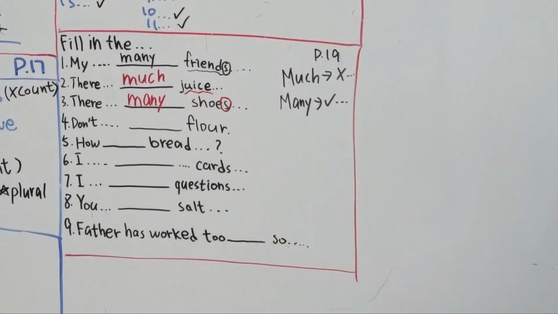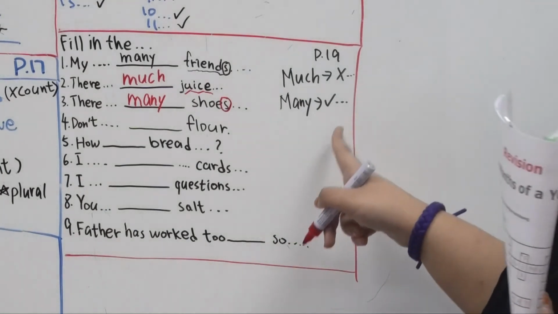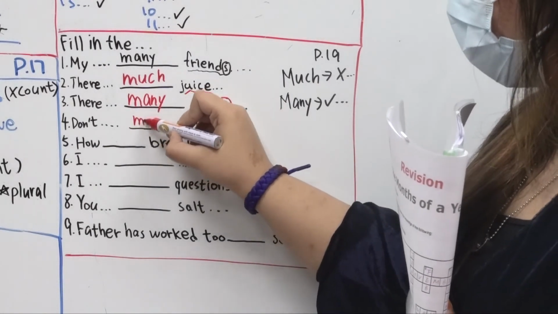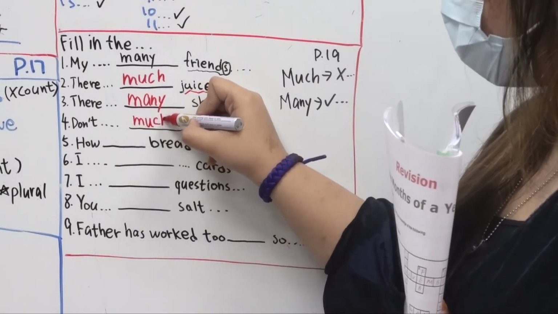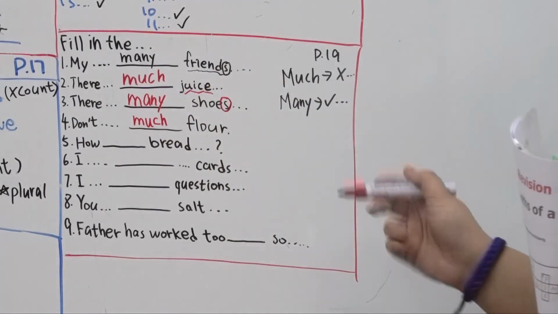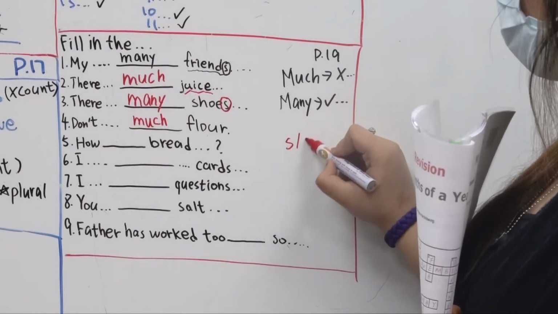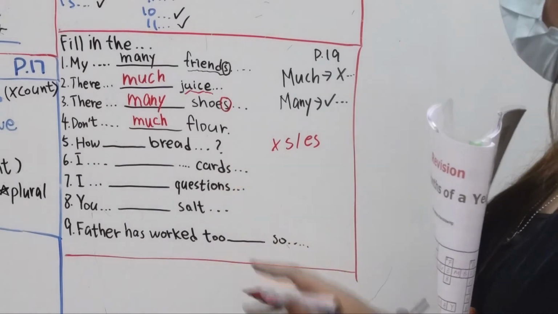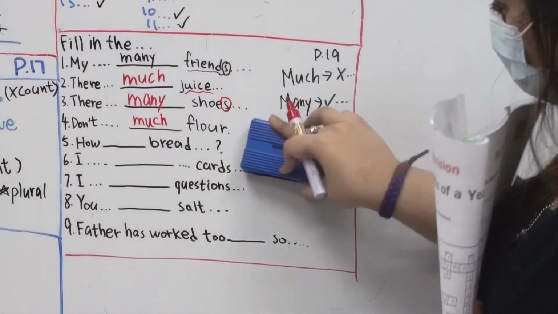We can't count flour. That's why we use much. If you notice, all the uncountable nouns don't carry any plural form, don't carry s or es. So this is the trick.